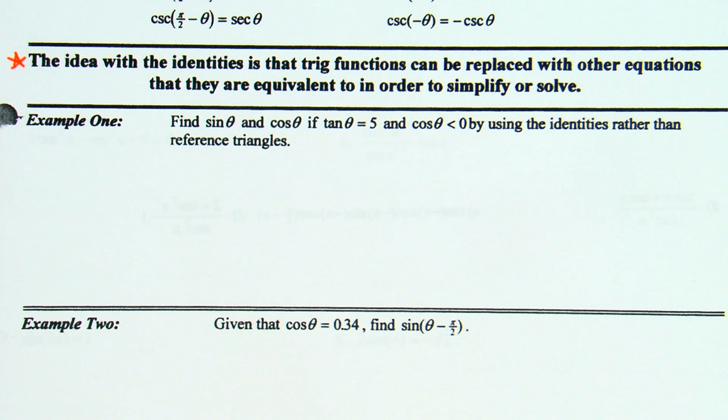Meaning, they're asking us to practice with the identities, not go back and set up the triangle and 2 sides on the triangle and all that. So, my goal is to find sine and cosine. I know tangent. And technically I know something about cosine.